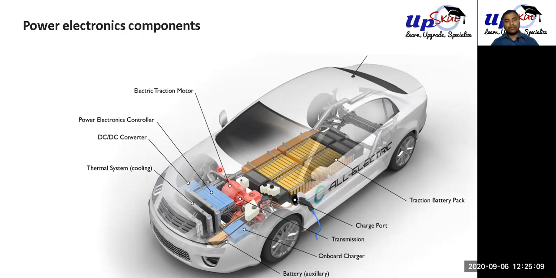There is a DC to DC converter, which actually changes the voltage. There are controllers, the OBC or onboard charger, the motor control unit, and also the inverter. Sometimes there is an AC to DC converter if the car has AC charging capability. All of these electronics are called power electronics collectively.